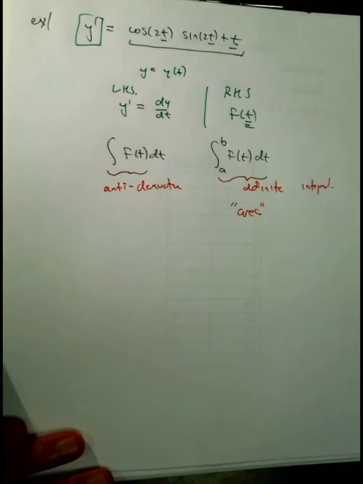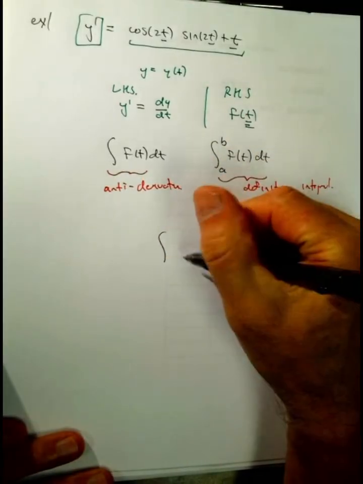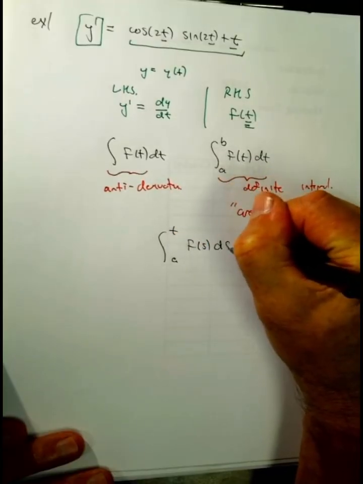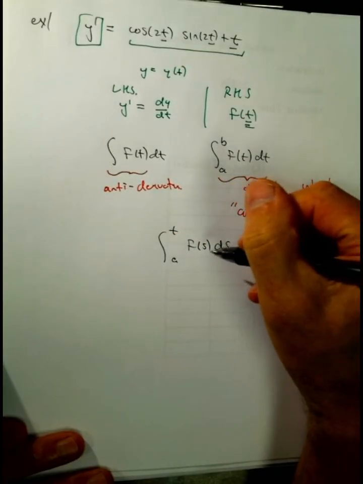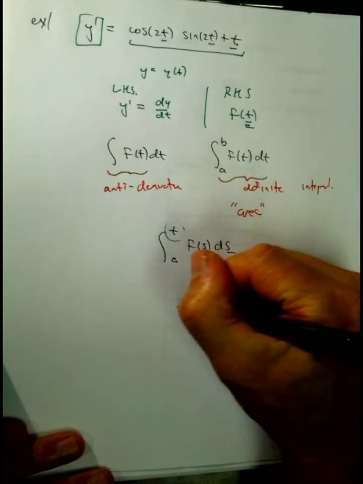But also I want to be careful and note that if I look at this integral, now it is a function of time. This s isn't a real thing, right?